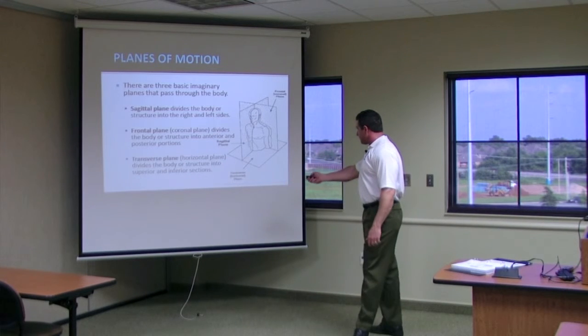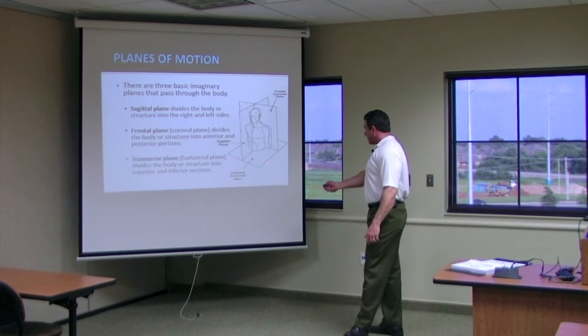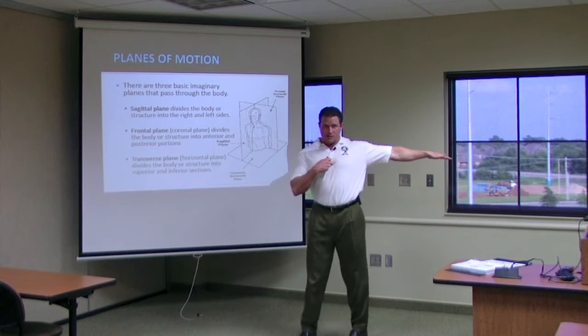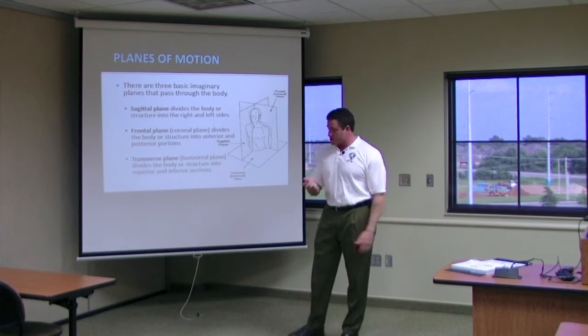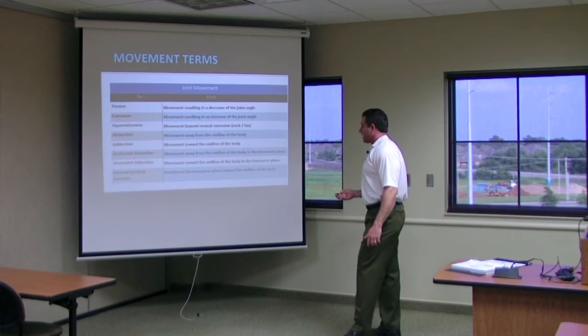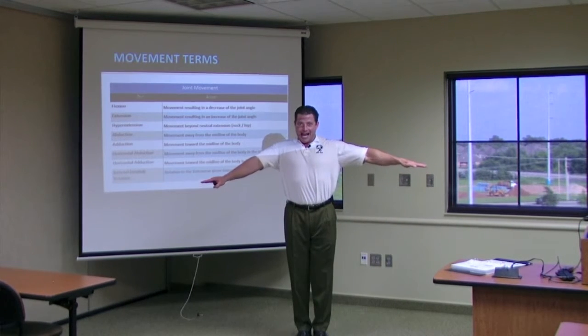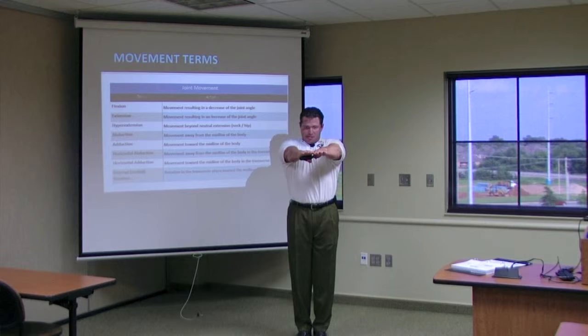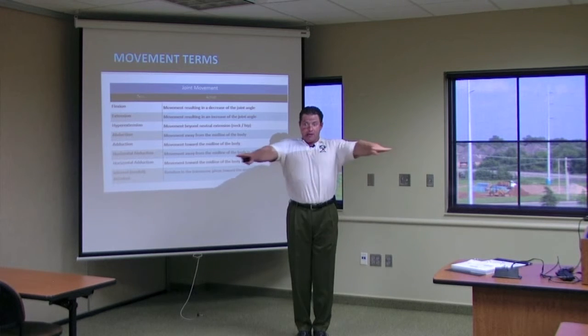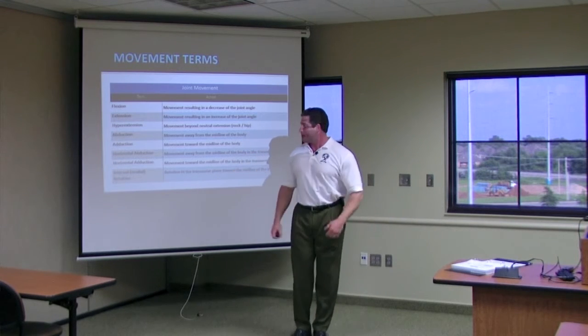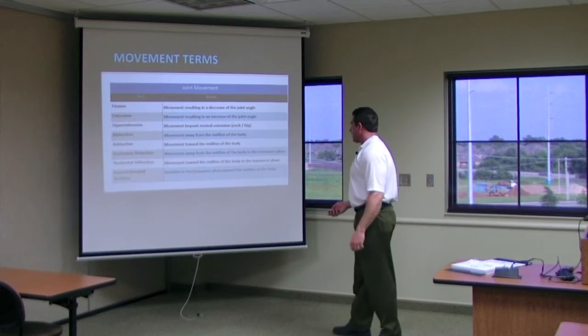Imagine through your shoulder, this transverse plane or horizontal plane is coming back into play here because we're talking about horizontal adduction going towards the midline, horizontal abduction going away from the midline in that reference.